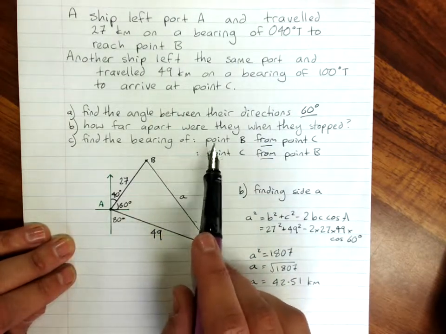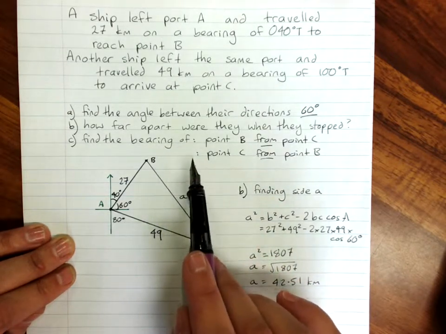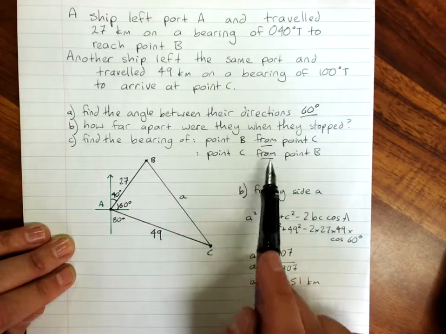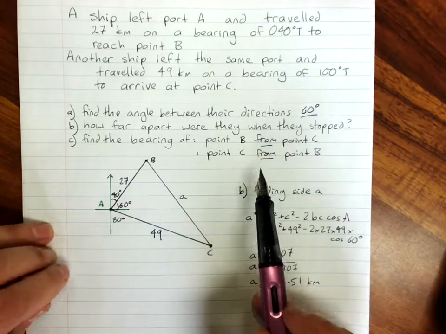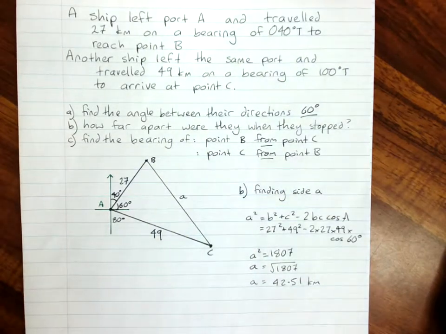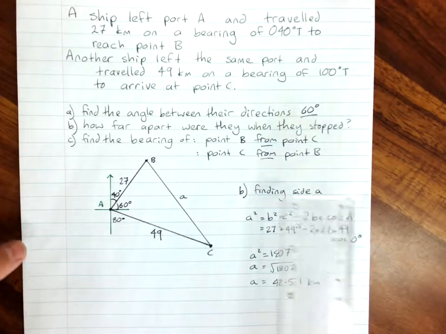So the question that often throws people is to find these bearings. The bearing of point B from point C and the bearing of point C from point B. So what matters is the from. And when you're tackling a bearings question and they ask for a bearing from somewhere, the first thing you have to do is put a compass rose at that point.